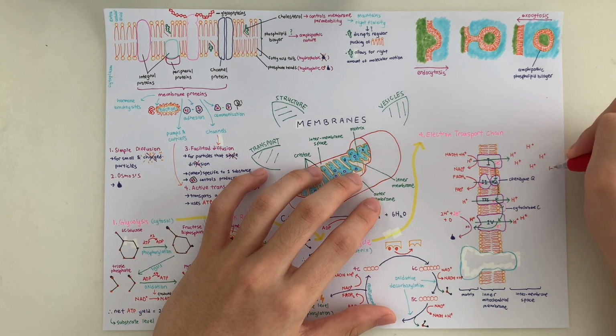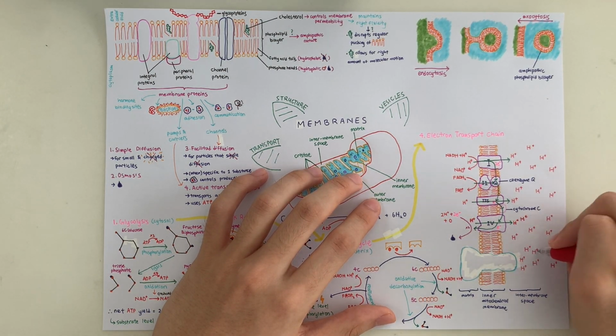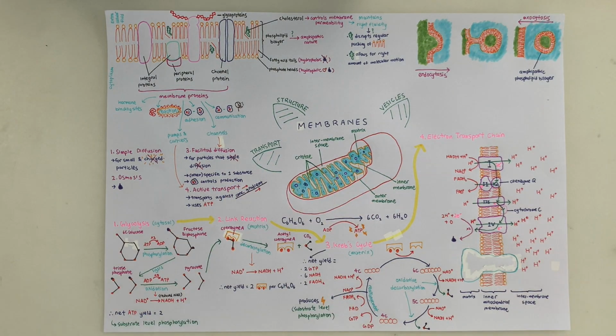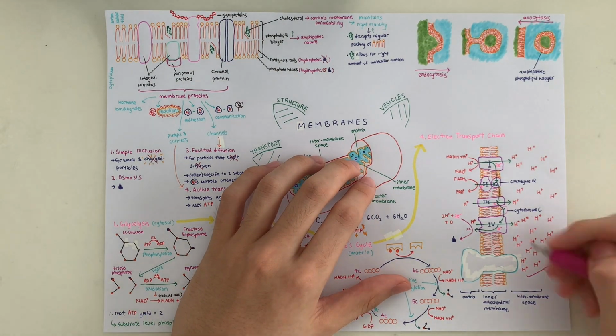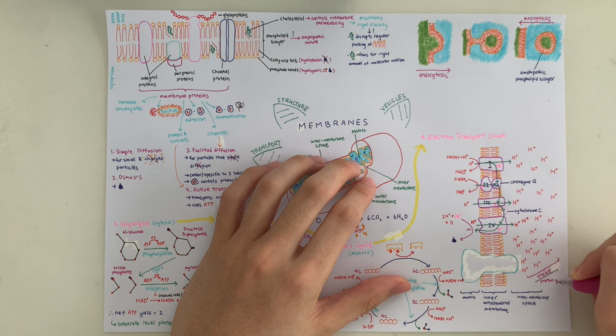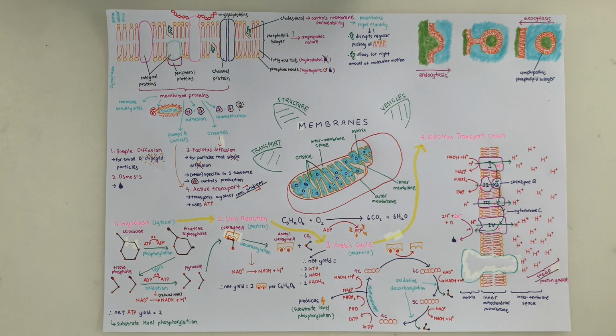The reason for pumping protons into the intermembrane space is to build up the concentration of protons in the space, to establish a steep proton gradient between the intermembrane space and the matrix. This is crucial for chemiosmosis to occur, which is what produces energy in the form of ATP. There are 3 features which aid the establishment of this steep proton gradient.